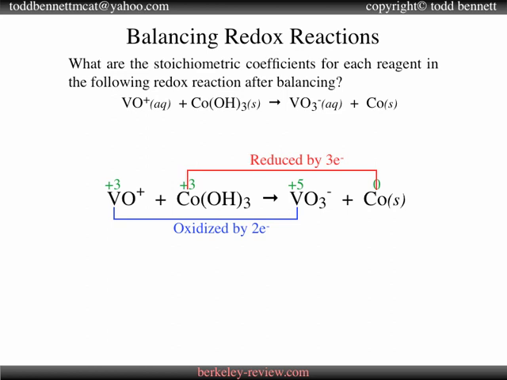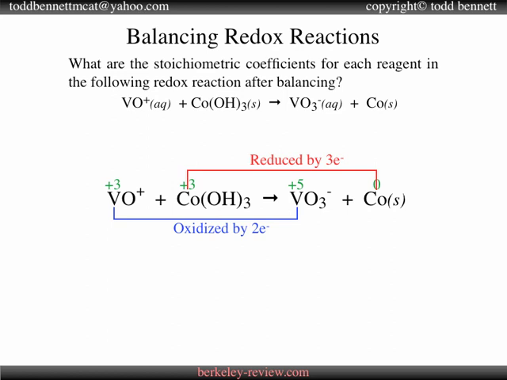For electrons, all the electrons lost in oxidation are picked up by reduction. Clearly 2 does not equal 3, so we balance this out by cross-multiplying. So if we have 3 of the oxidation reactions and 2 of the reduction half reactions, then 3 times 2 equals 2 times 3. So easiest way to do that, take the number of electrons in a given half reaction. Let's just say we look at the reduction, that 3.